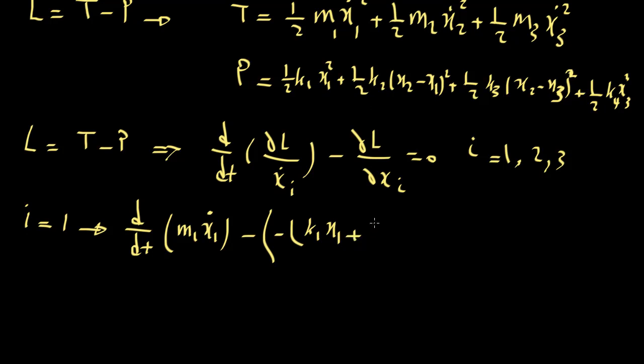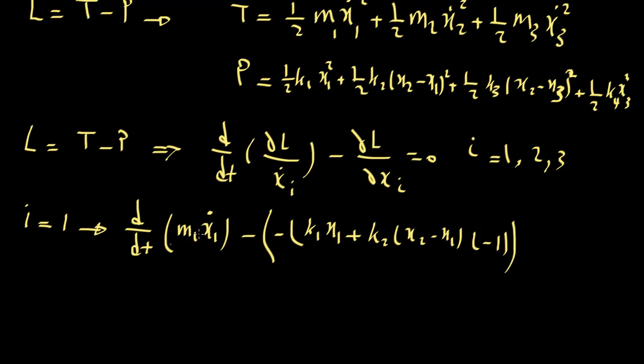plus k2 times (x2 minus x1), and the derivative of the inside of the parentheses with respect to x1 would be minus 1. And here it would be plus, this term doesn't have any derivative with respect to x1, it doesn't have any x1 term. So this would be it, basically.